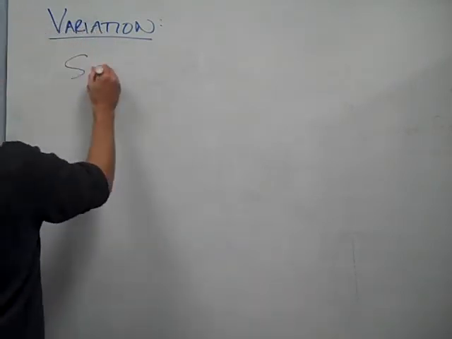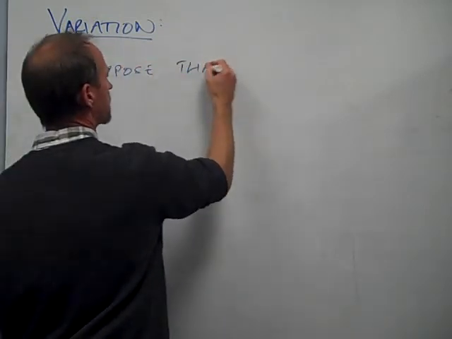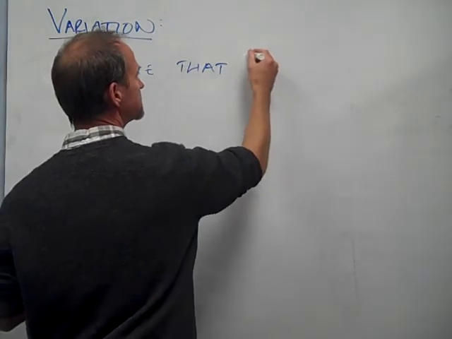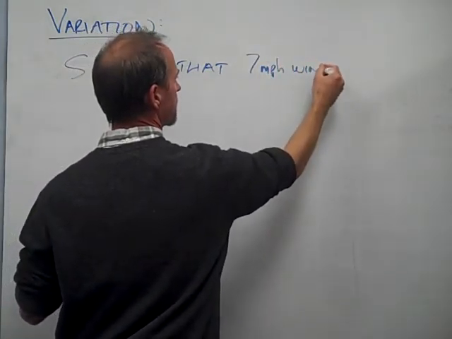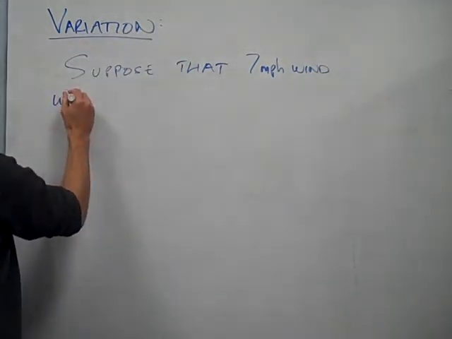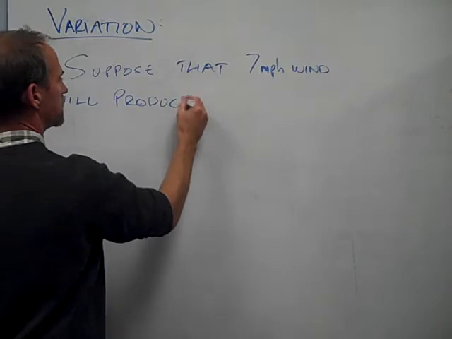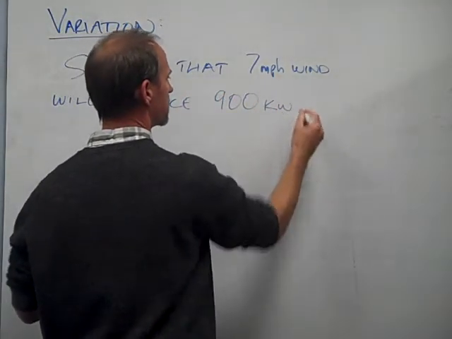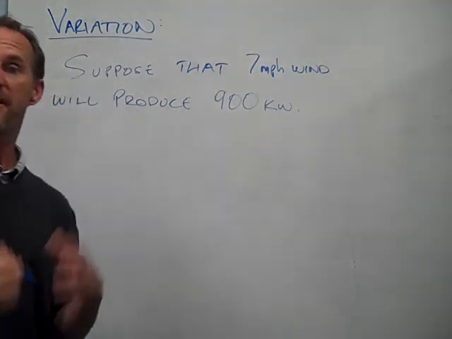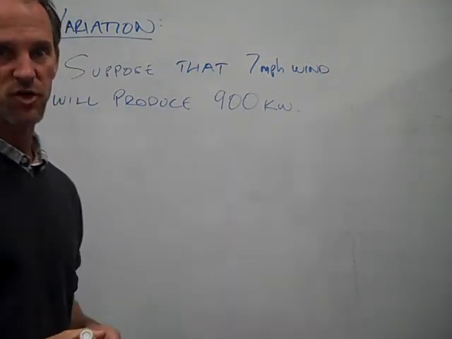So we say, suppose that a 7 mile per hour wind will produce 900 kilowatts of power. Okay? That's like a basic data point. We happen to know that wind generation is a cubic variation.